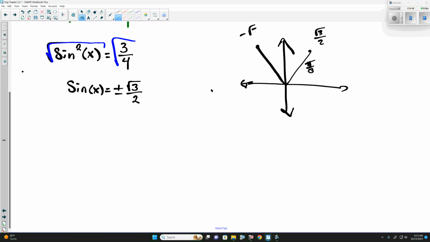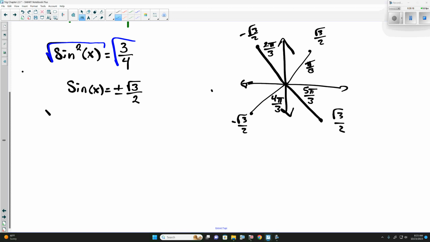Next one's over here, negative square root 3 over 2 with 2 pi over 3. Then we have down here with negative square root 3 over 2 with 4 pi over 3. And our last one down here, positive square root 3 over 2, and it is 5 pi over 3. So we have these four here, yes?